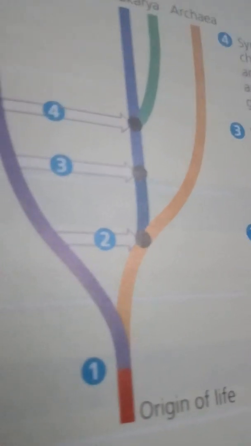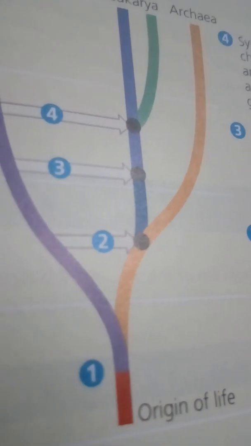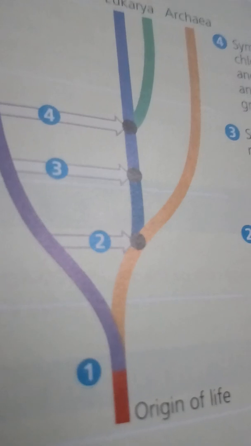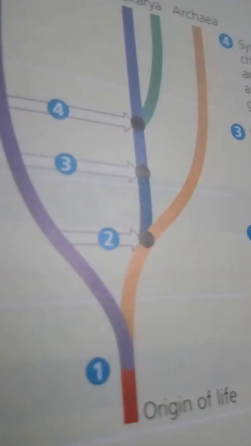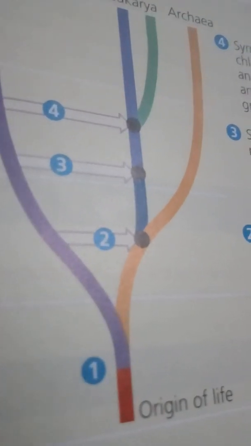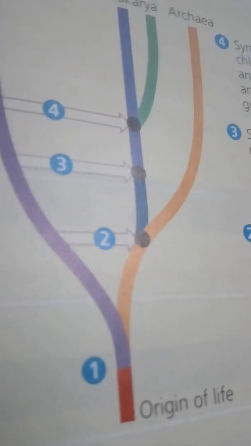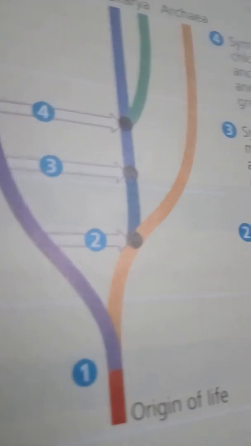In the 1960s, Jack King and Thomas Jukes at the University of California, Berkeley, and Motoo Kimura of the Japanese National Institute of Genetics published a paper supporting this neutral theory, that is, that much evolutionary change in genes and proteins has no effect on fitness and therefore is not influenced by Darwinian selection.